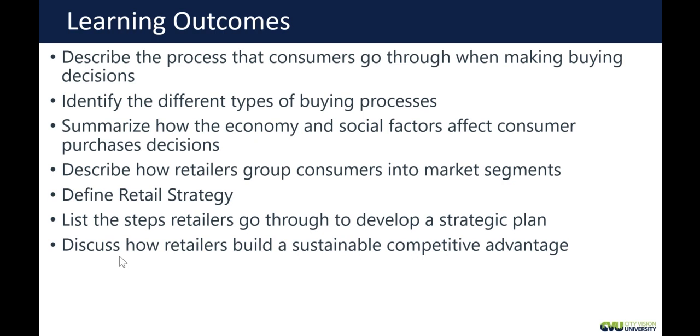We're going to talk about some of the social factors that customers deal with, along with economic factors. We'll look at how retailers group consumers into market segments, and then really focus on retail strategy and how a retailer will go through the process of creating a strategic plan and eventually develop a competitive advantage. At least that's the goal. The competitive advantage is the goal.